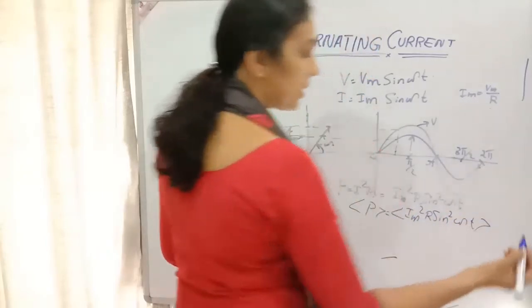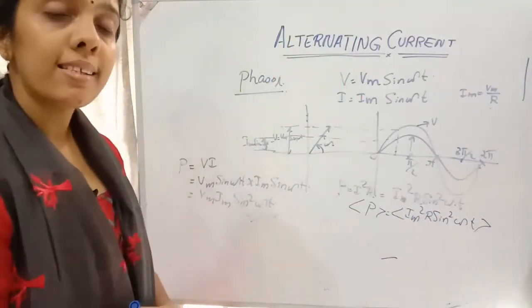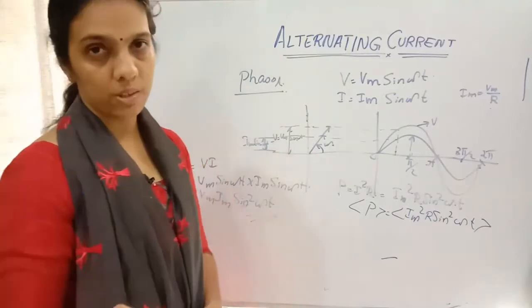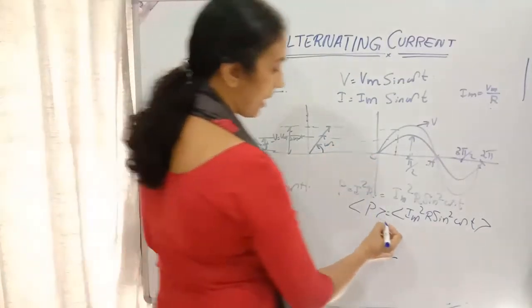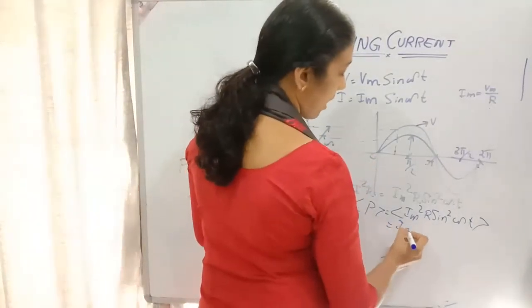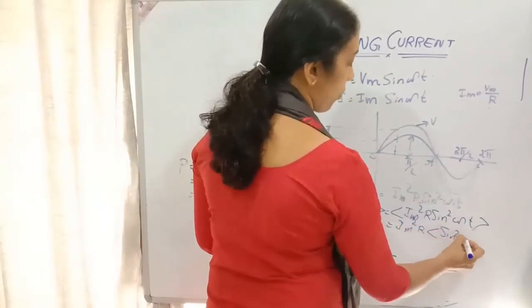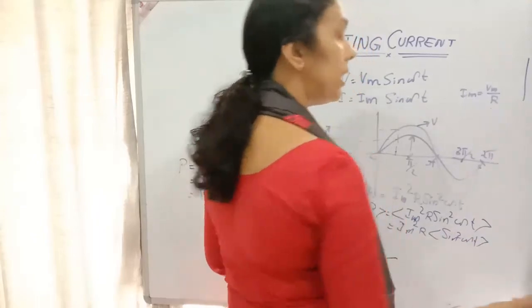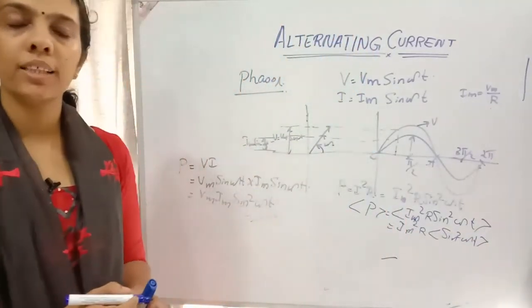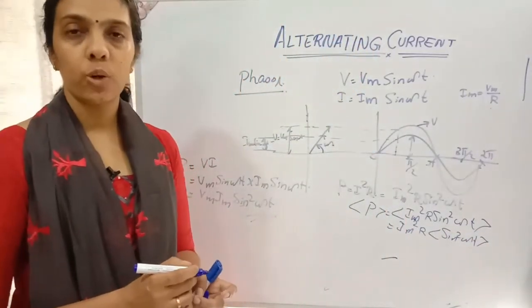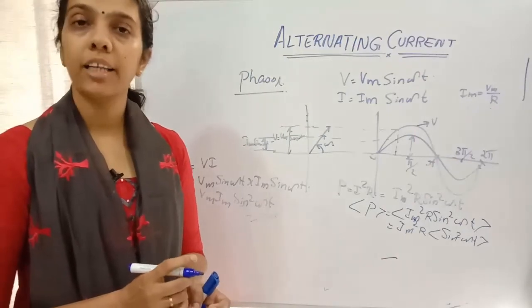The maximum value of current is a constant, right? Resistance in the circuit is also constant, it's not changing. So we can write Im square R outside, times the average of sine square omega t. What will be the average of sine square omega t? The average of sine square omega t is 1 by 2.